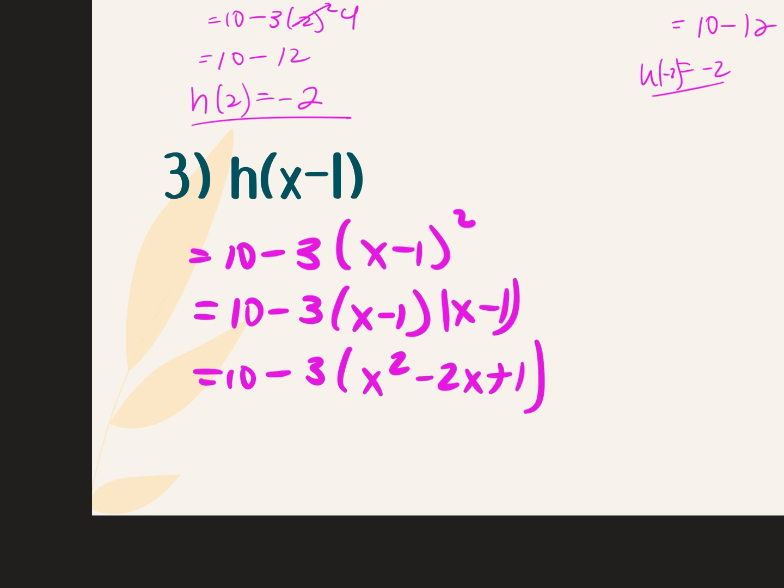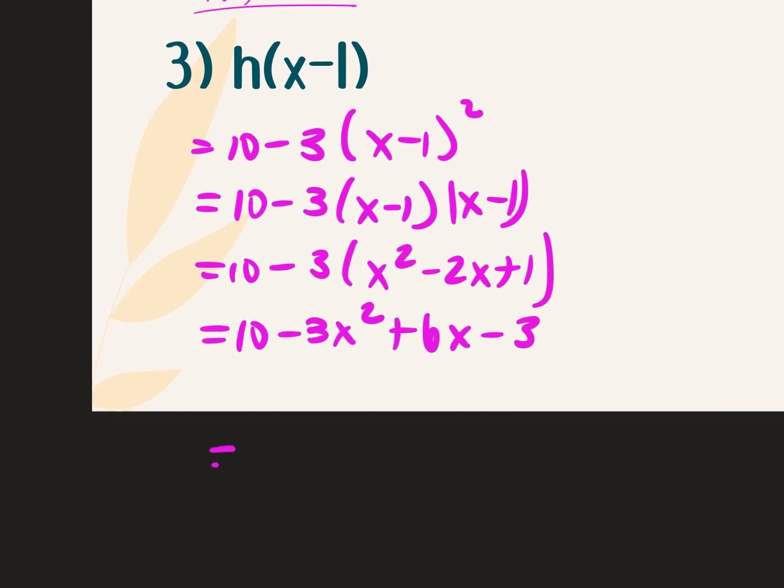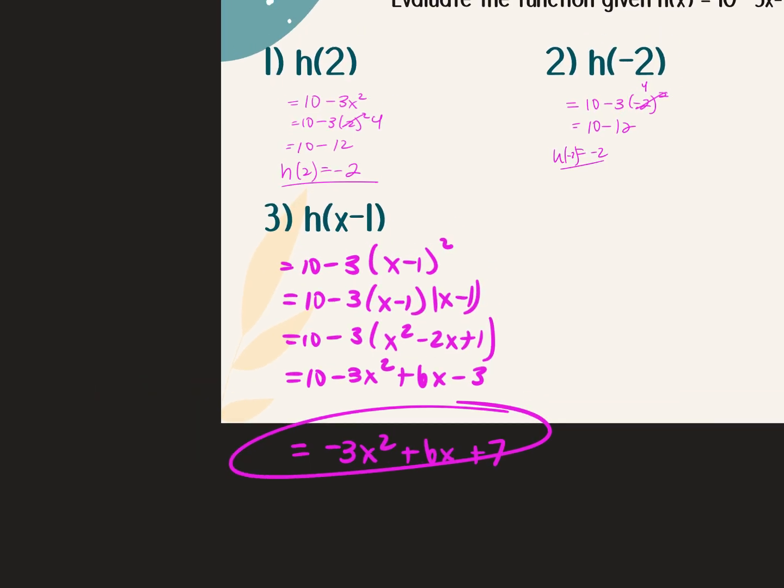All right, now what? We're going to distribute. So negative 3x squared plus 6x minus 3. And now we combine. Negative 3x squared plus 6x plus 7. Perfect. All right, are any of those algebra skills new to you guys? No. The concept of taking this and plugging it in? Yes. Good job.